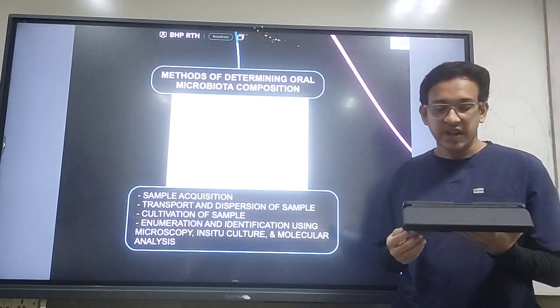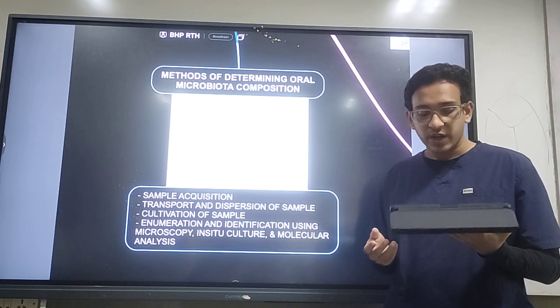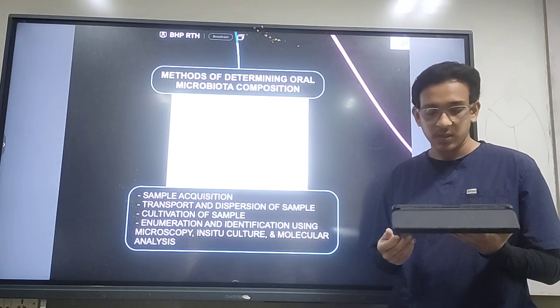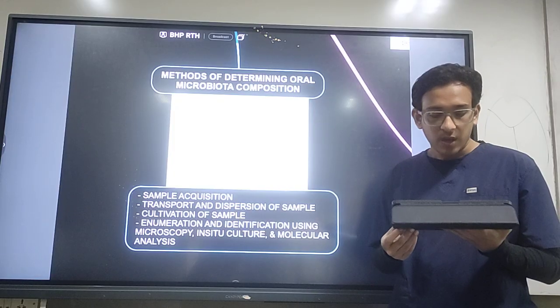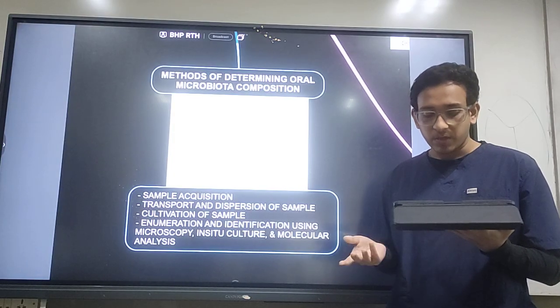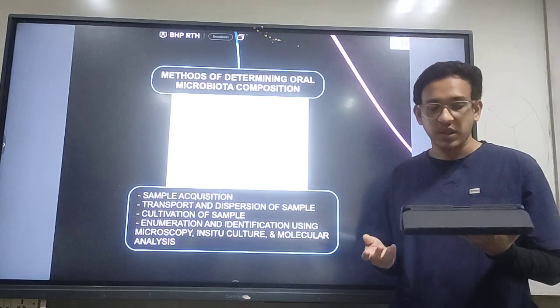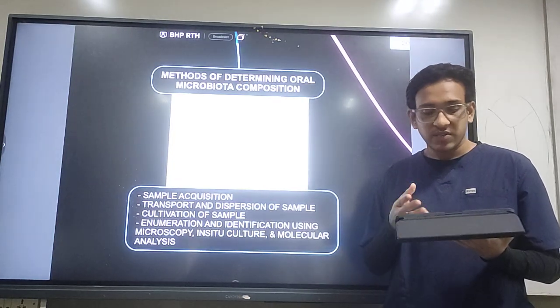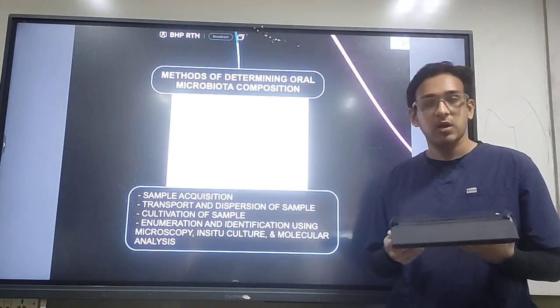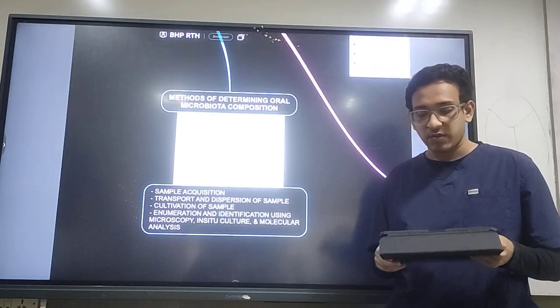The function and activity of oral microbiota can be determined by metatranscriptomics, that is RNA profile, metaproteomics, protein profile, or metabolomics, that is metabolic products that are produced. This way we can identify the microorganisms that are found in the oral cavity.